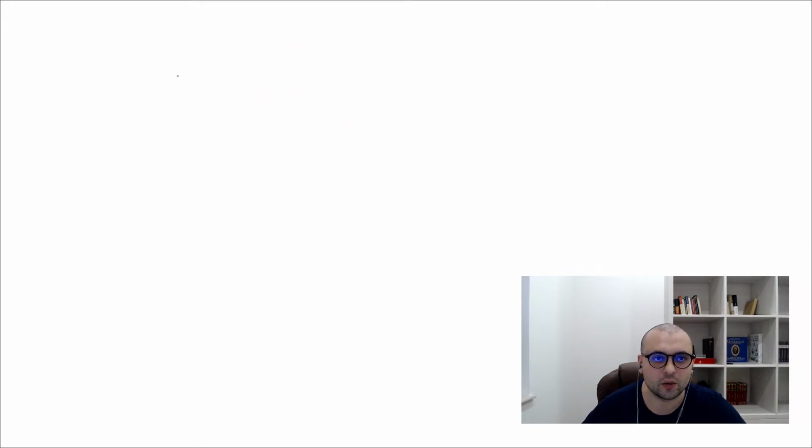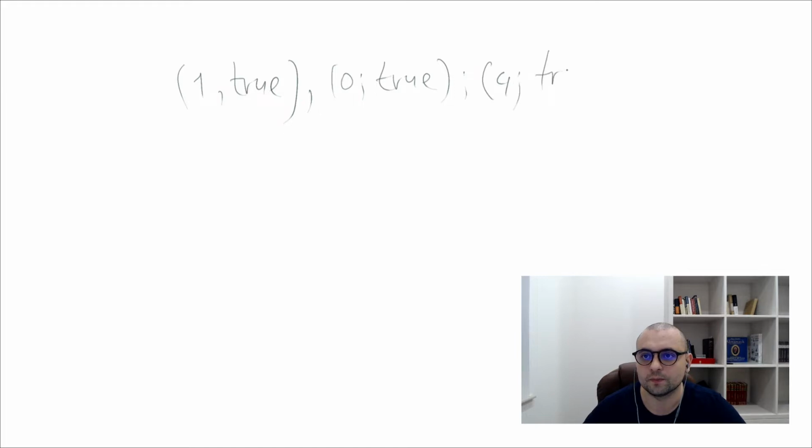So for example, in our case, let's assume we'll have 1 and true. For the block 0, we'll have 0 and true, and we'll have 4 and true.